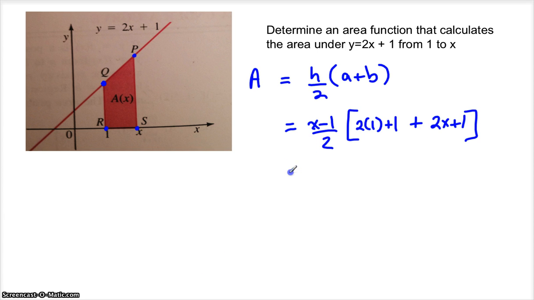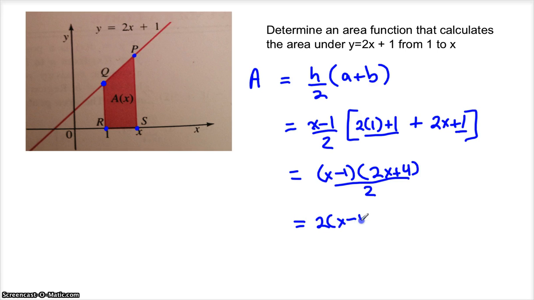Okay, so let's keep on going here. Let's simplify. We have 2 plus 1 is 3, and plus 1 is 4. So let's write it now as 2x plus 4. And don't forget to divide by 2. We have a common factor of 2 here, so let's factor out a 2, and let's write it in the front here.